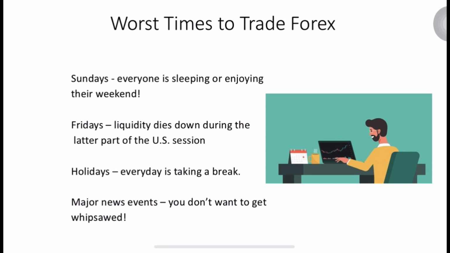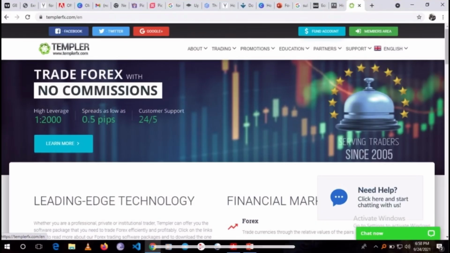When this news event happens, it tends to drive the market sharply. If you're in the market during that time and you don't know where it's going to go, you may lose some money. So these are the worst times to trade, and you don't need to be in the market during these times.